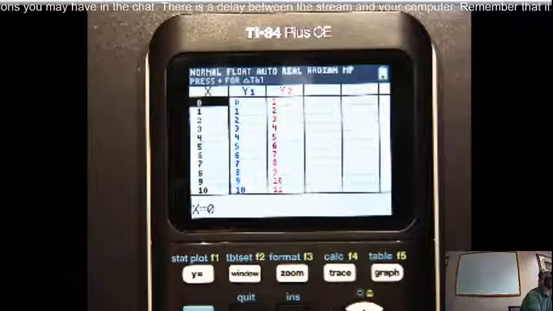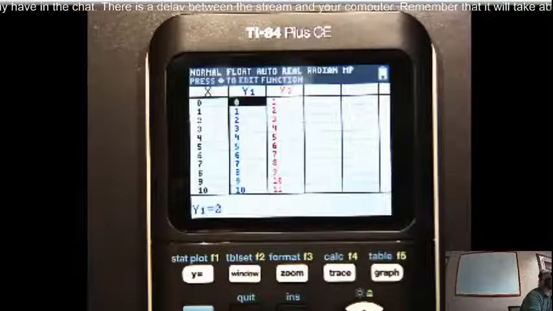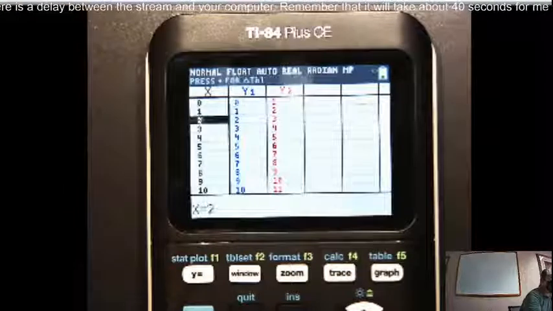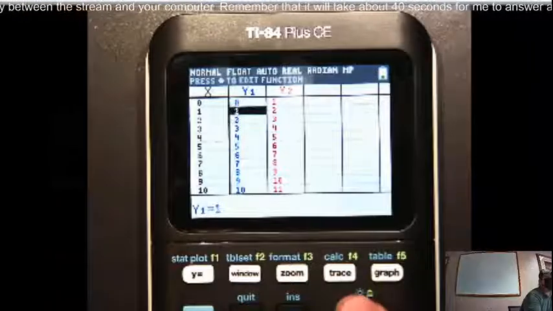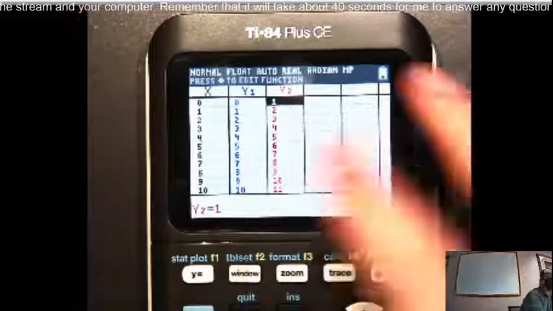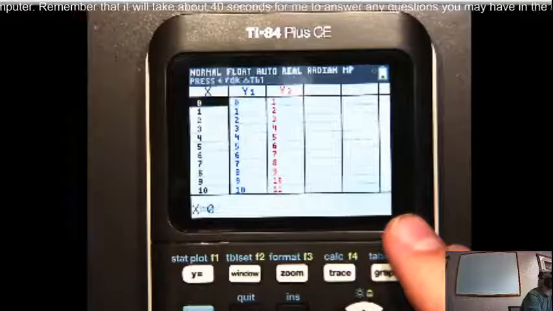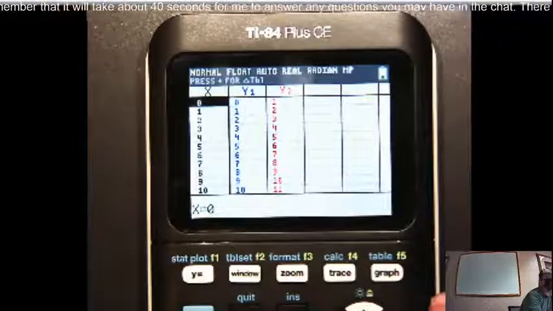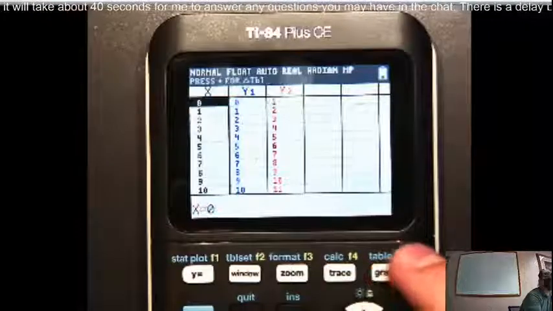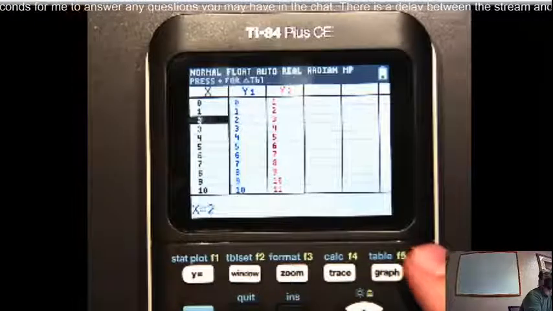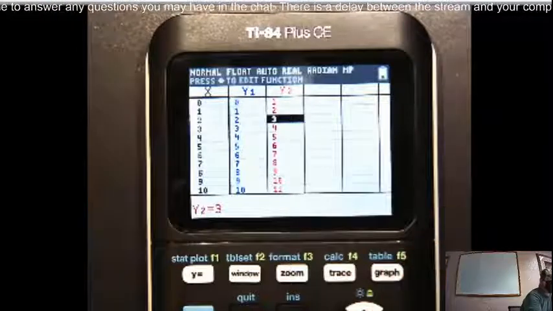Any x value that we put in, so if we put in 0, y equals 0. If we put in 1, y equals 1. Put in 2, y equals 2. For our other one, x plus 1, this one right here, if we put in an x, we add 1 to it. So 0 plus 1 is 1. 1 plus 1 is 2. 2 plus 1 is 3.